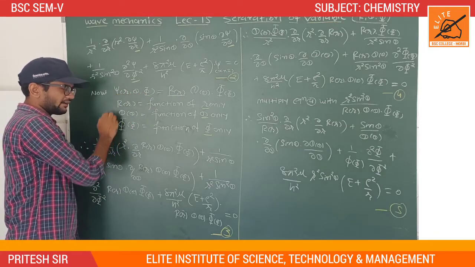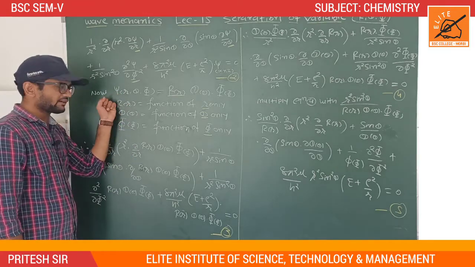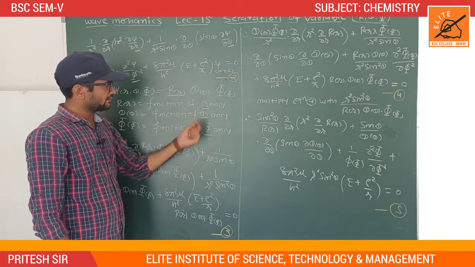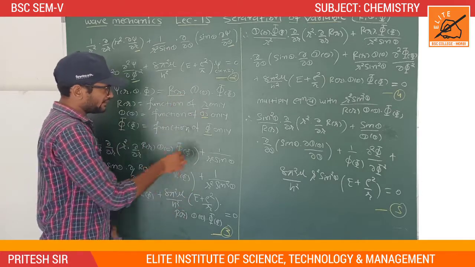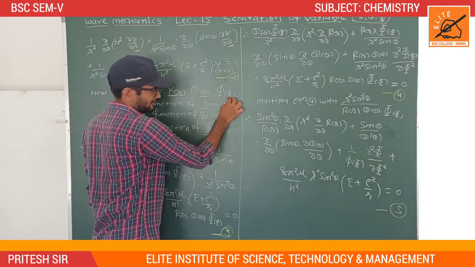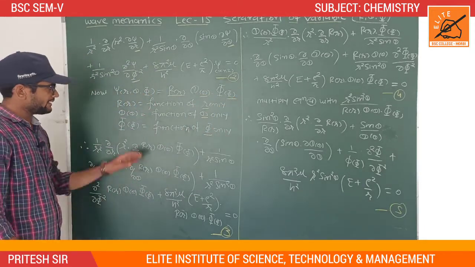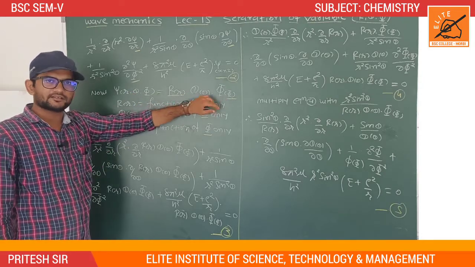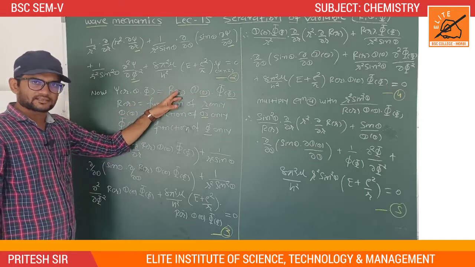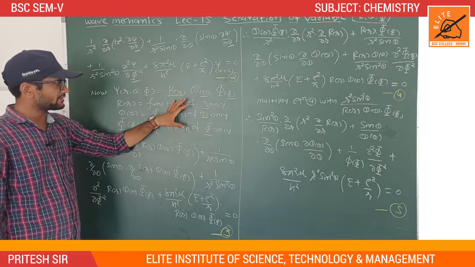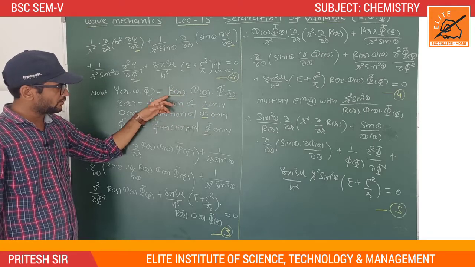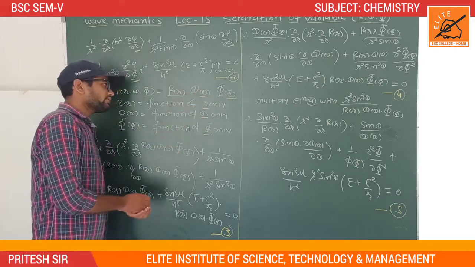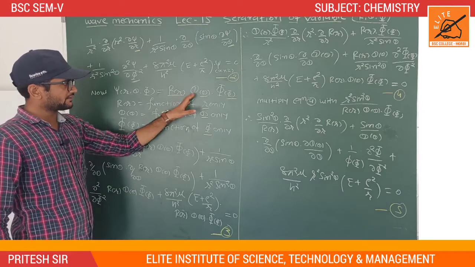Psi is not an individual function; psi is a function of three different variables: r, theta, and phi. In the three-dimensional box, psi is a function f of x into f of y into f of z, but in this case psi is the product of three different wave functions: R, Theta, and Phi.